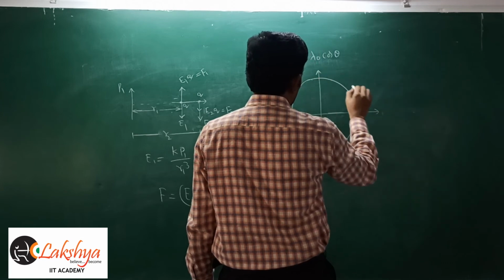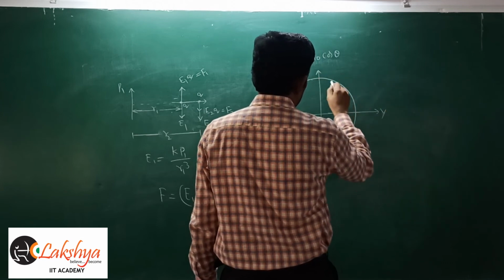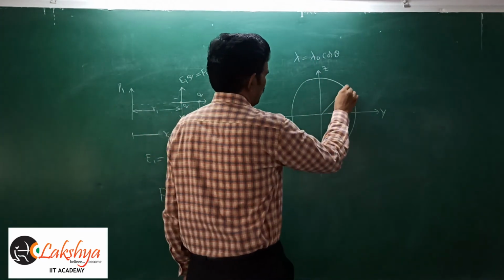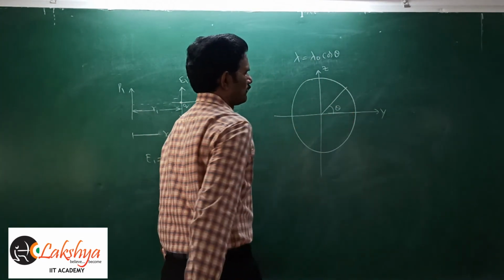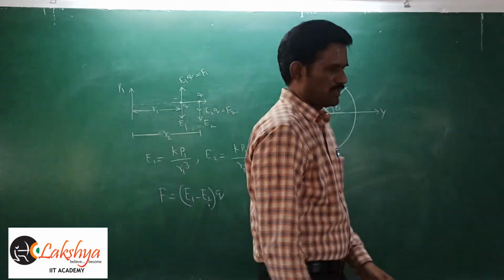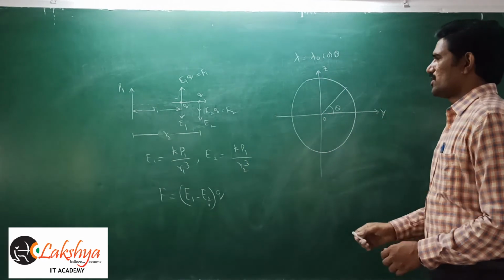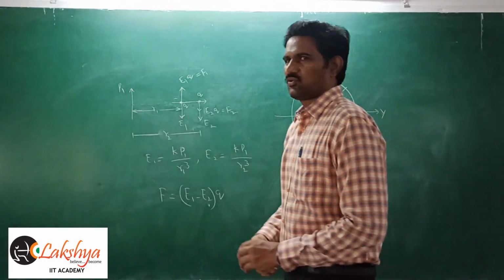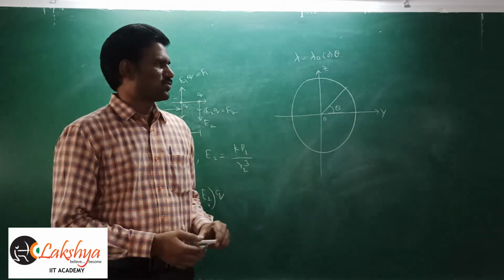Suppose I am taking this as y and z axis, and this theta is defined here. This is the origin. That means the linear charge density on a ring is varying like this. Lambda is equal to lambda naught into cos theta, where theta is defined as shown in this.